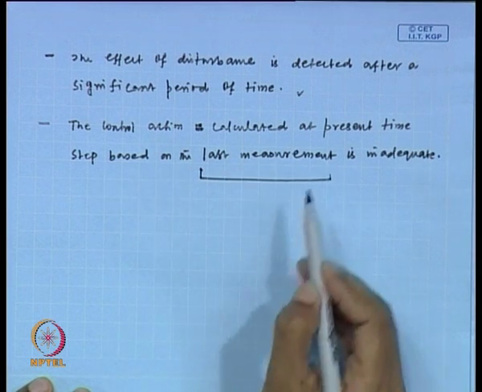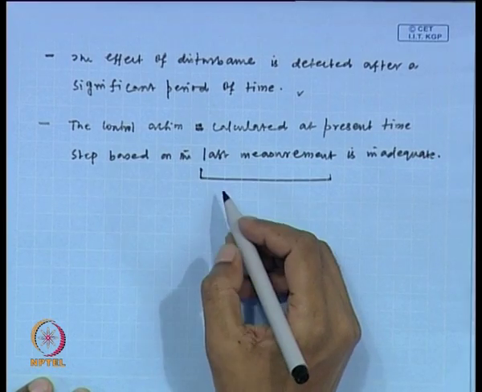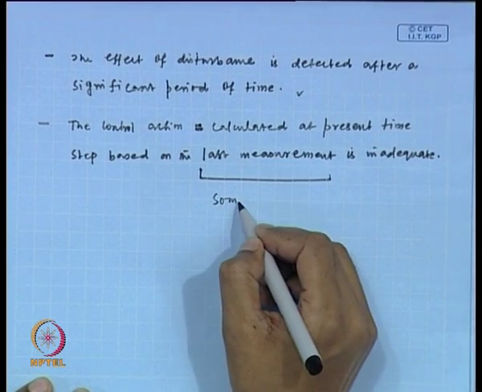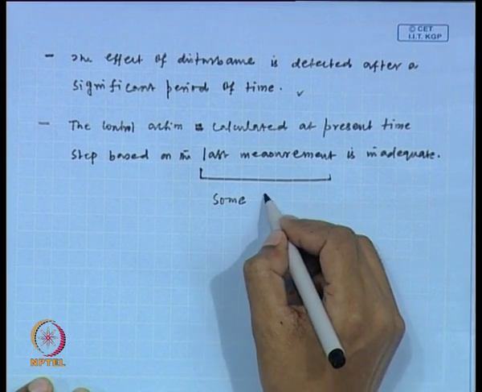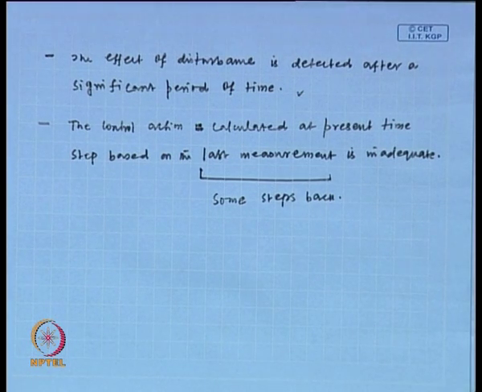See, the controller calculates the control action at present time step based on the last measurement. Originally, this is not the last measurement due to the dead time. This is actually the measurement some steps back. Therefore, the control action is not adequate for the existing situation.